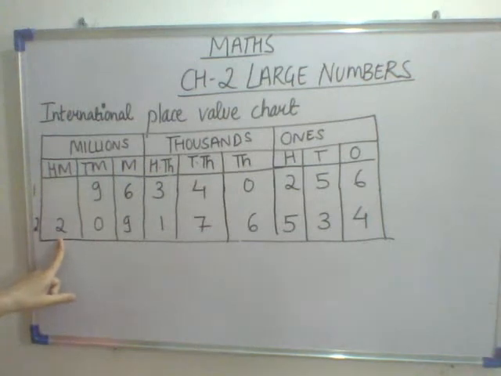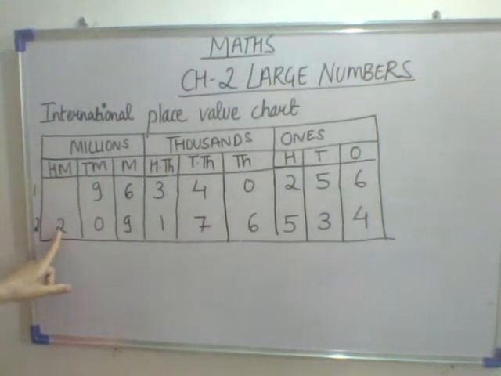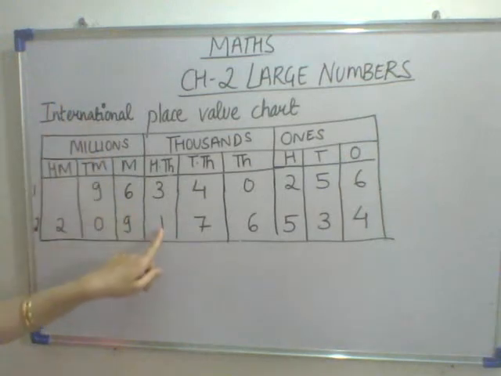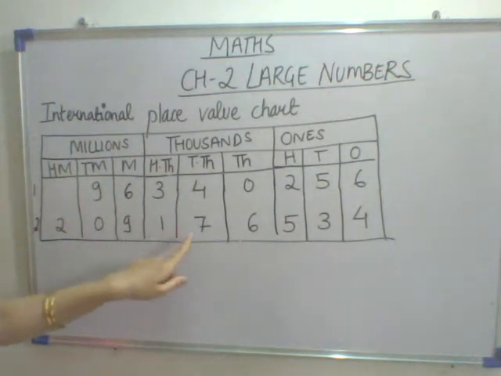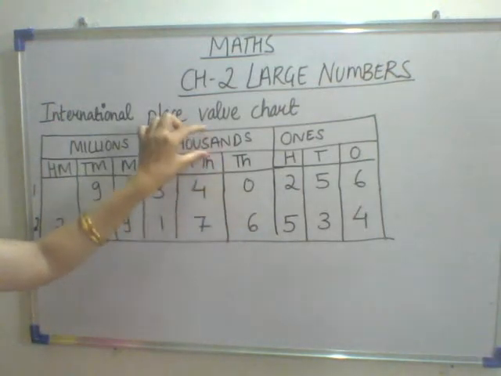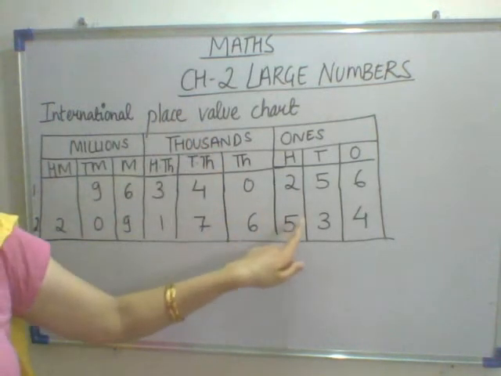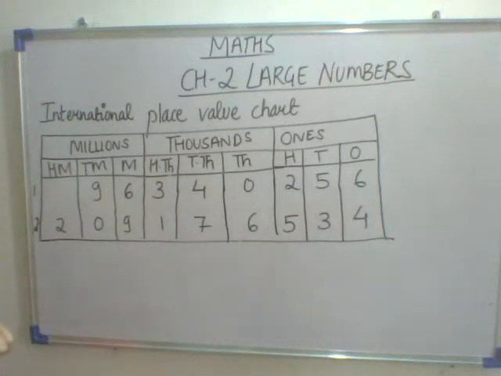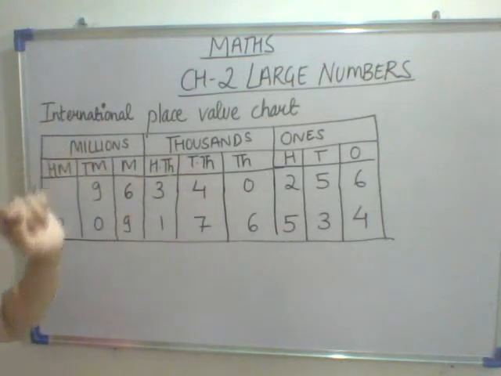The second number is 209 million 176,534. So in this way you spell the word name in international system.